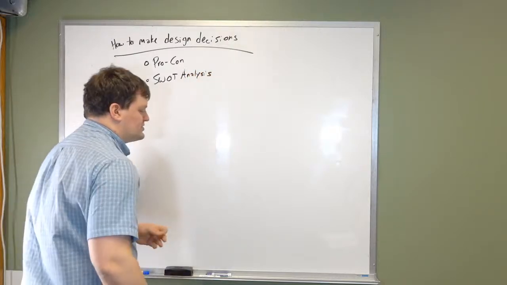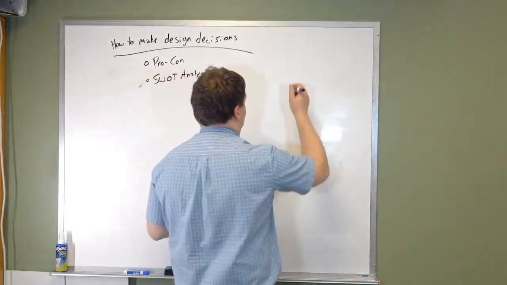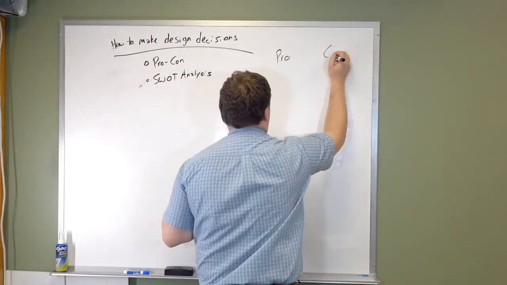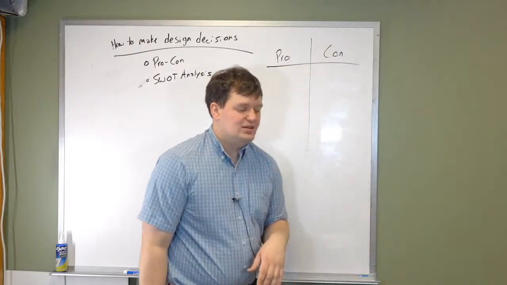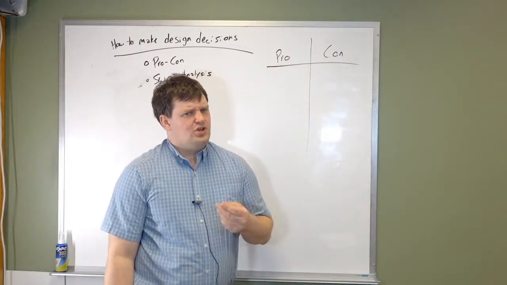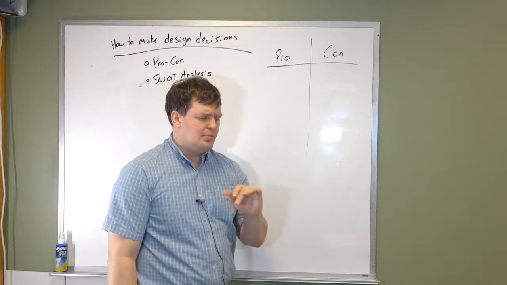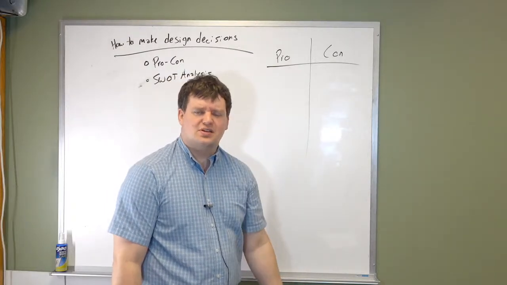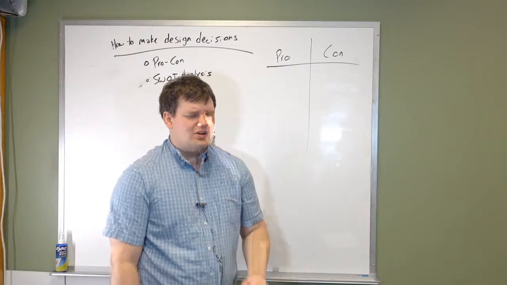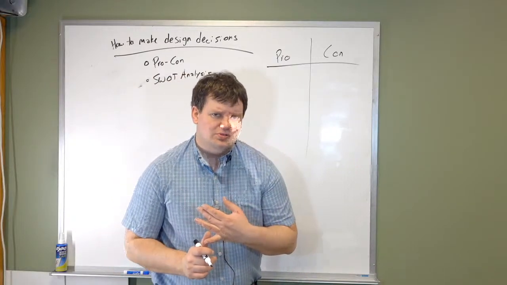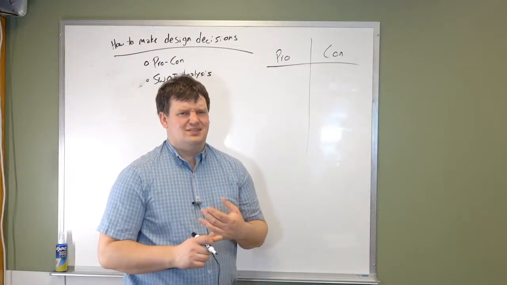Okay, so what is a ProCon analysis? Well, it's really simple. I'll give you an example. All right, so I just mentioned beverages, now I'm really thirsty. Man, I could go for a Mountain Dew. However, cans of Mountain Dew are inconvenient.